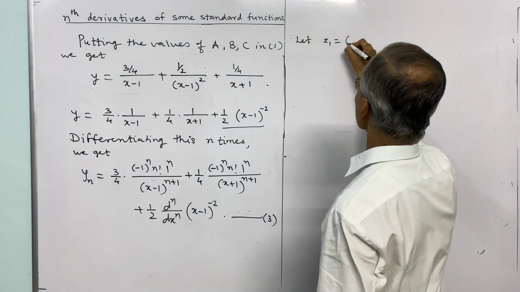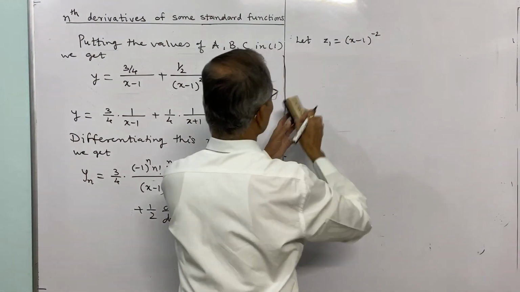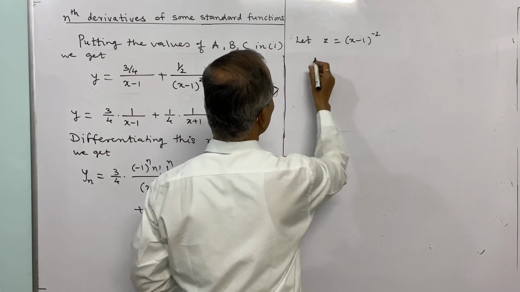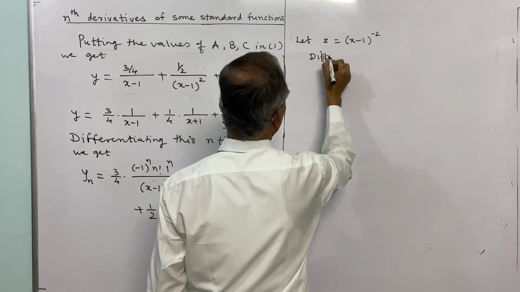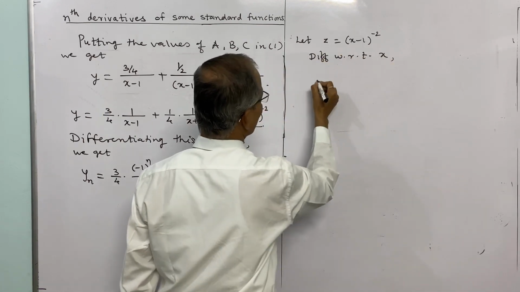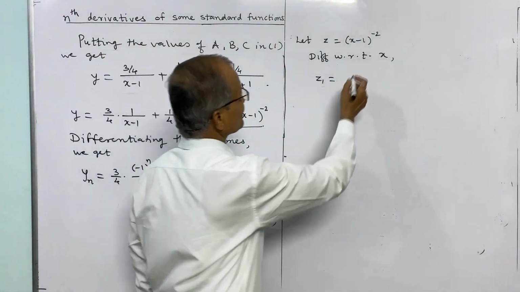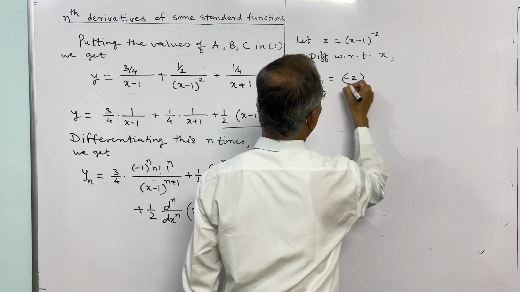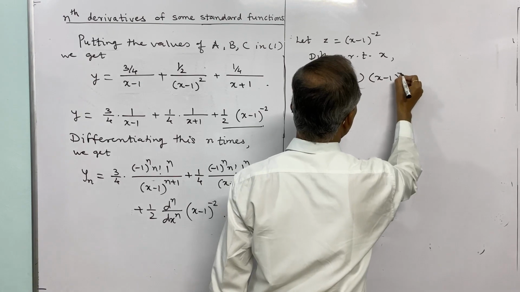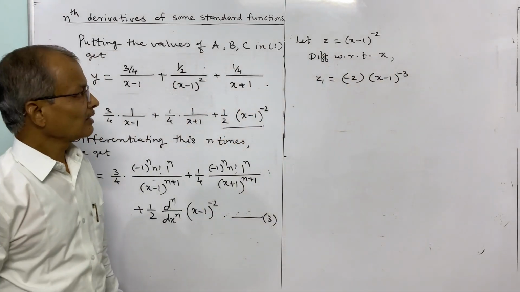z is equal to (x minus 1) to the power minus 2, and differentiate with respect to x. What we get is z1, the first derivative of z, and on the right side it is minus 2 (x minus 1) raised to minus 2 minus 1, that is minus 3. This is z1.